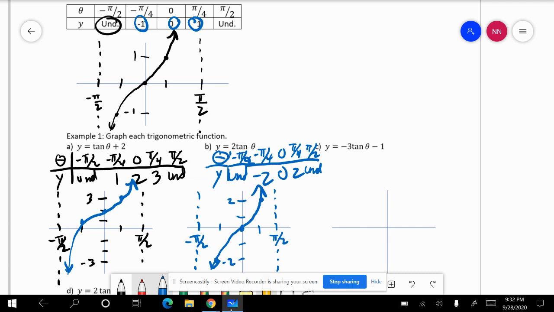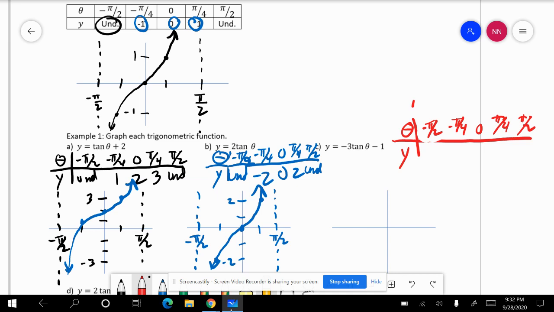Now, looking at letter C, we have our same table. We're starting off with negative pi halves. And then what we have is negative pi over 4, 0, pi over 4, and we have pi halves.